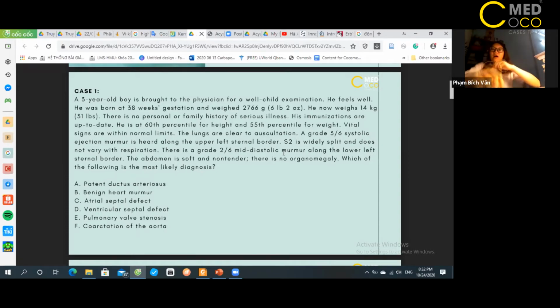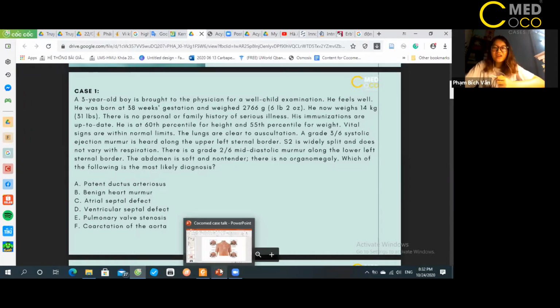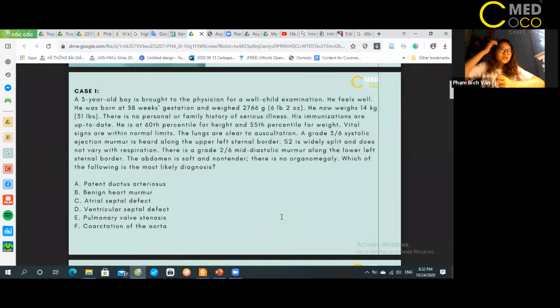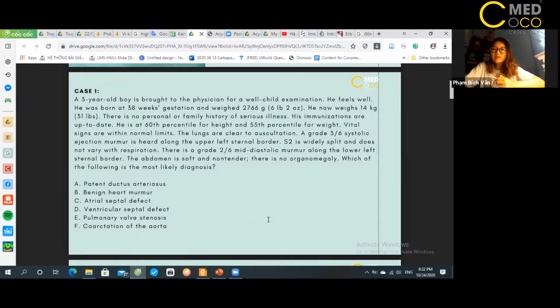In the upper left, I think that is the pulmonary... no, let's see. The aortic valve in the upper left, right? And the lower left is the mitral valve.